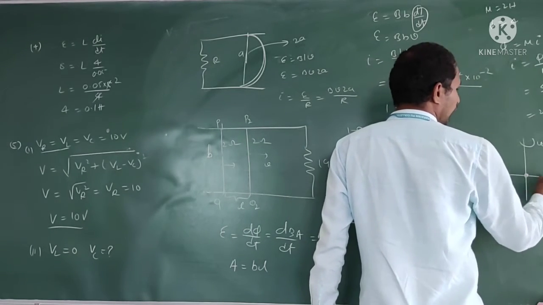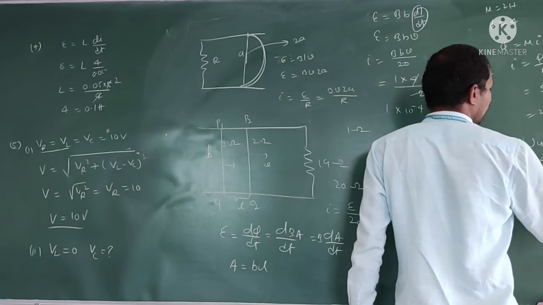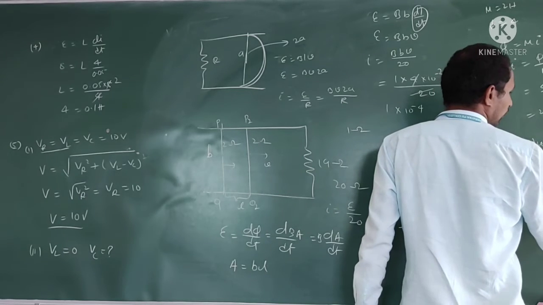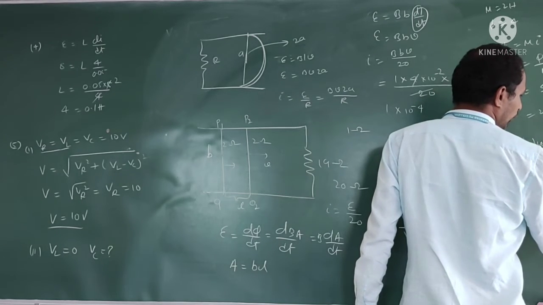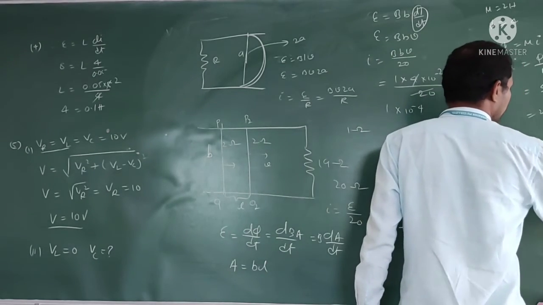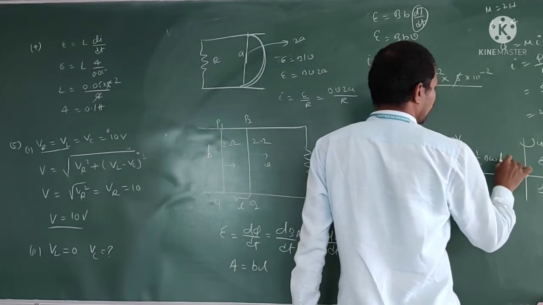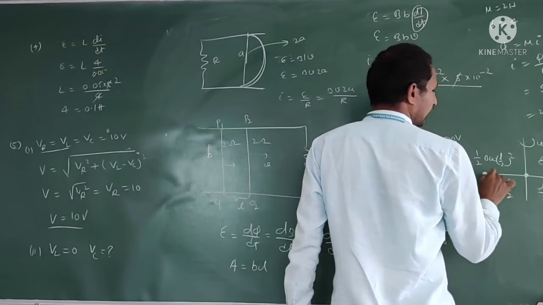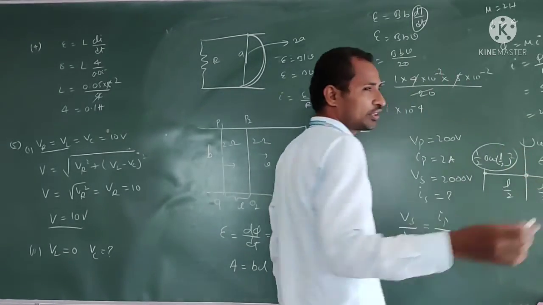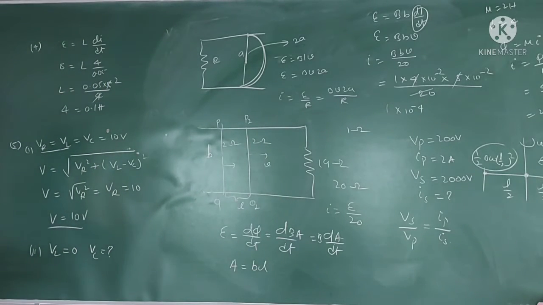The induced EMF E is equal to half B omega L square, and here this is half B omega (L by 2) square. These are the same in magnitude, so when you subtract you will get 0.